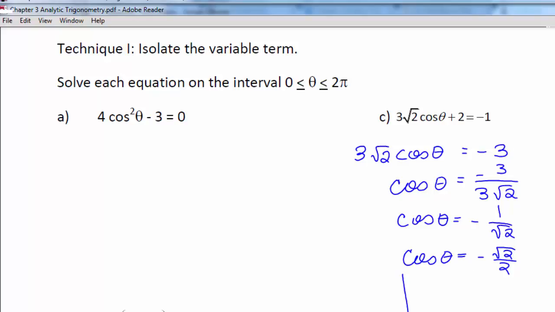So cosine is negative in quadrants what? 2 and 3. So I need reference angles of pi over 4 in these two quadrants. That gives me theta equals what? 3 pi over 4 and 5 pi over 4. Very good. Okay, questions about that?